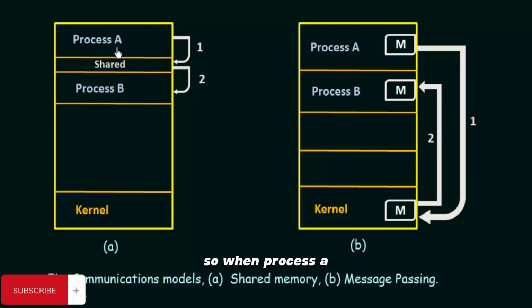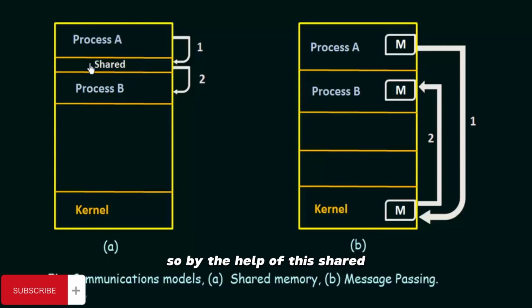When process A wants to communicate to process B, it will write the information that it wants to communicate to the shared memory region. And process B will read the information that was written to the shared memory region by process A, and it will understand what communication it was trying to make.